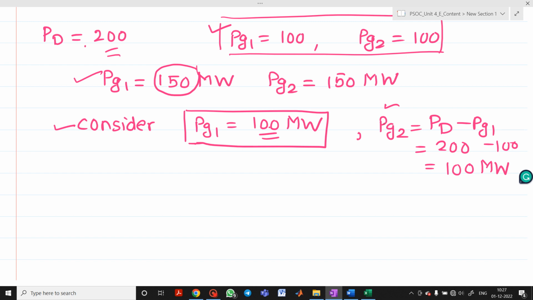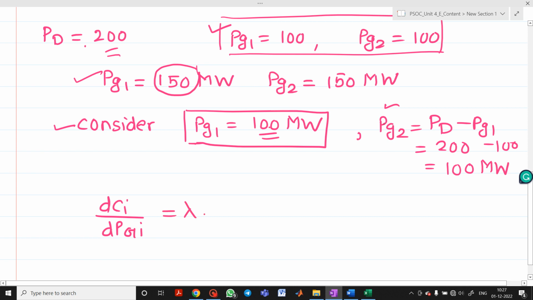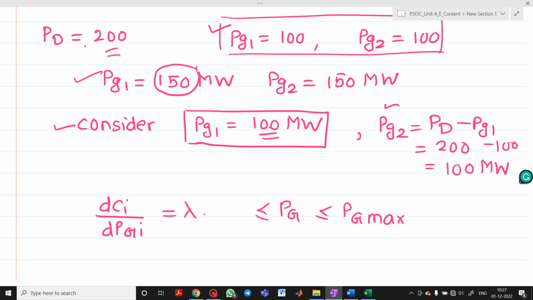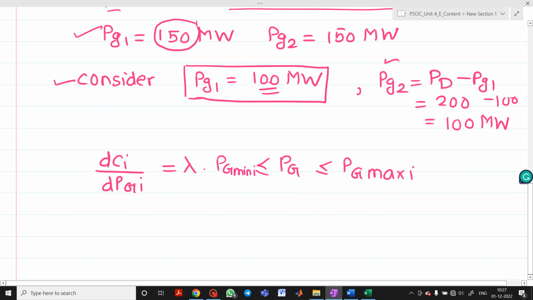So please remember, your dCi upon dPgi will be equal to lambda. And what is the condition? If your Pg is less than or equal to Pg maximum i, and greater than Pg minimum i, then dCi upon dPgi will be equal to lambda.